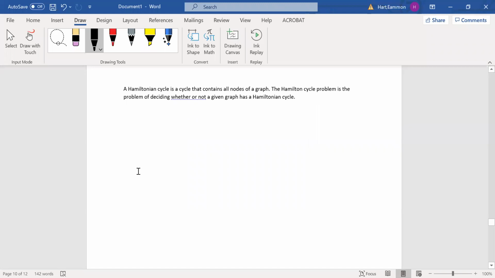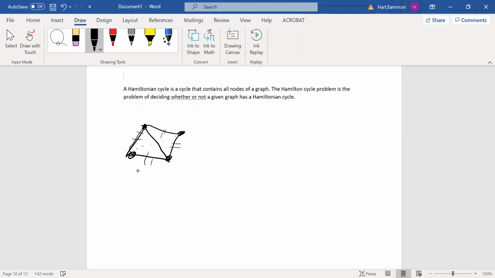So a Hamiltonian cycle is a cycle that contains all the nodes of a graph. If I have, let's say this, so this is almost K4, right? If I just put this guy in here, I would have K4. This is almost K4, and yes, I do have one, because I can go here, here, here, here. I could also do a few other options.